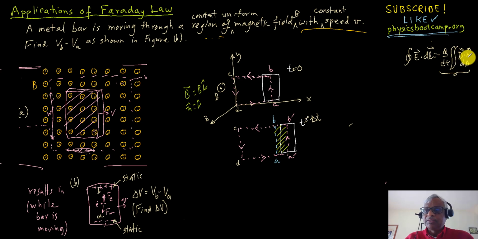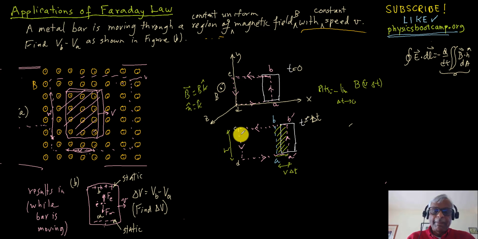So when I do this dot product, I just get B, and B is constant, so it comes out. And dA is the change from here to here, which is V delta t times W. So the right hand side is equal to minus the limit as delta t goes to 0 of B V delta t W over delta t.